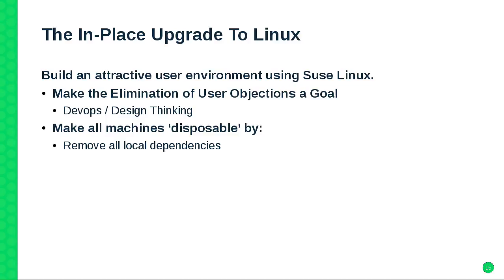Everything that binds that machine to the user, the grouping that user has, the location, everything that's embedded on that hard disk, you move to the network. All important local data should be moved to the network.